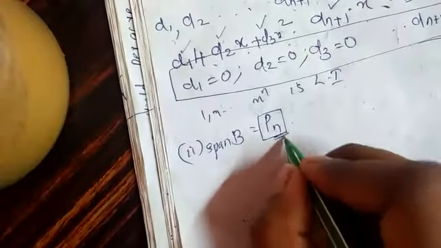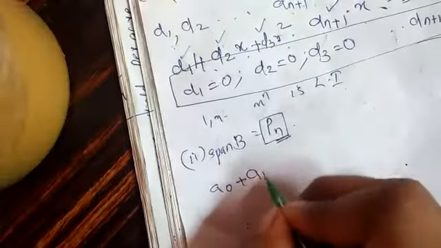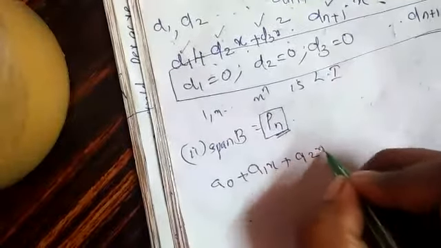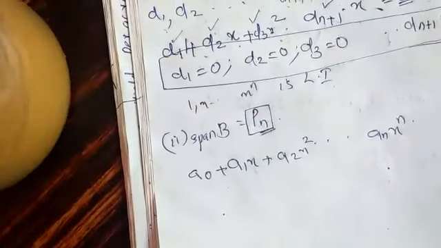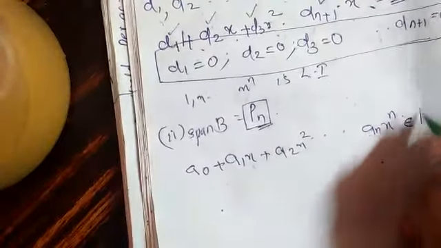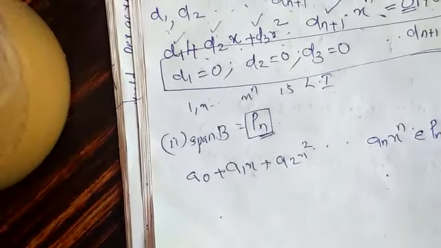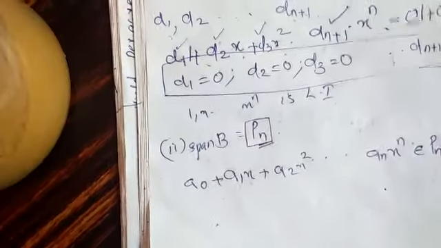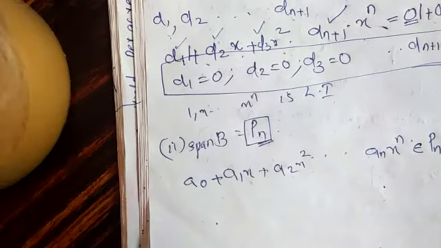So we can write the general polynomial of Pn as a0 plus a1x plus a2x² etc., plus an xⁿ. This is an arbitrary element of Pn. So the maximum degree is n.